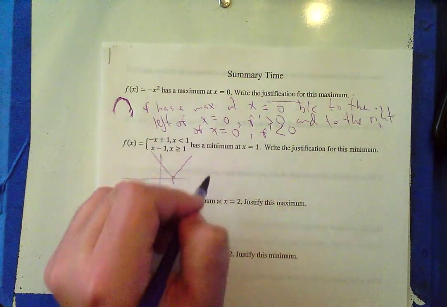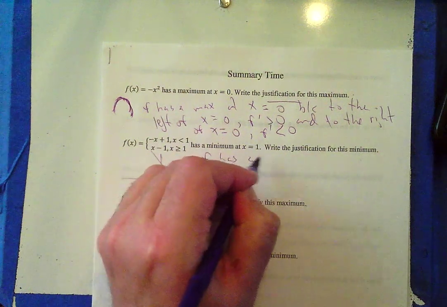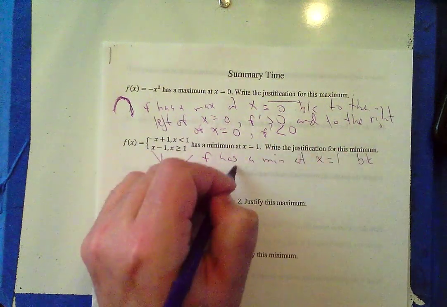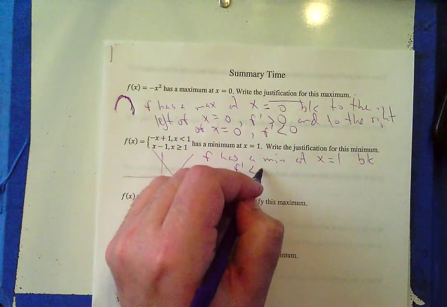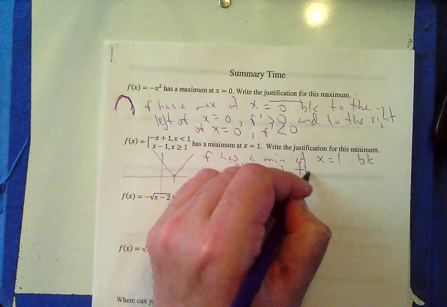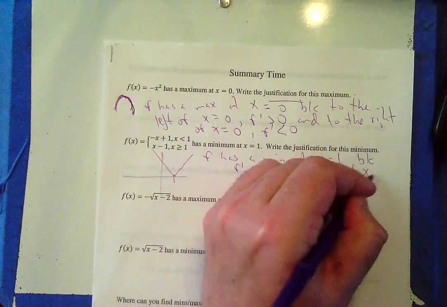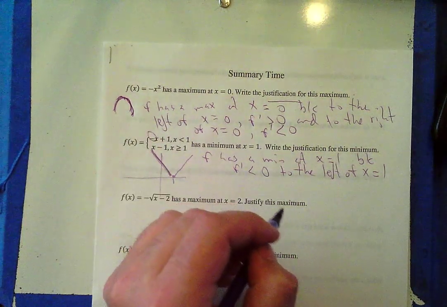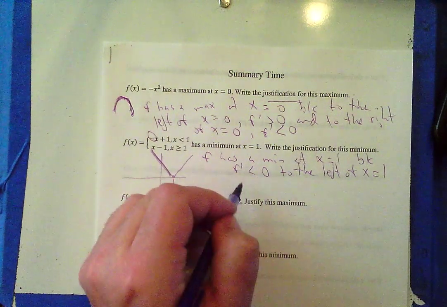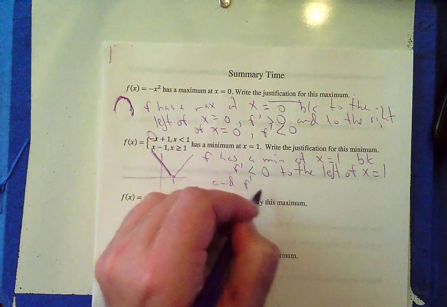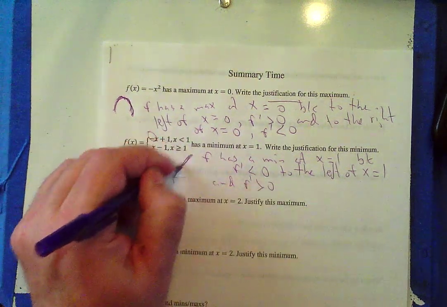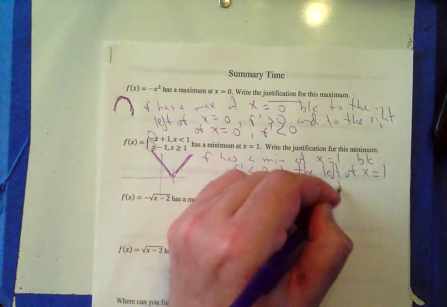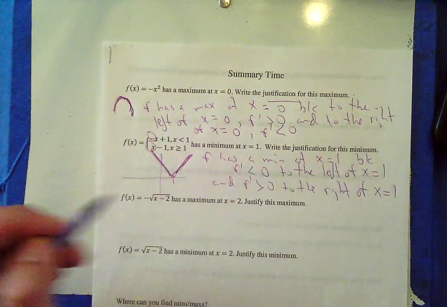And so f has a minimum at x equals 1 because f prime is less than 0 to the left of x equals 1, decreasing on f, negative slopes on f there, and f prime is greater than 0, f is increasing because of these positive slopes to the right of x equals 1.